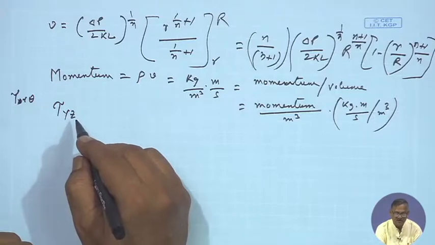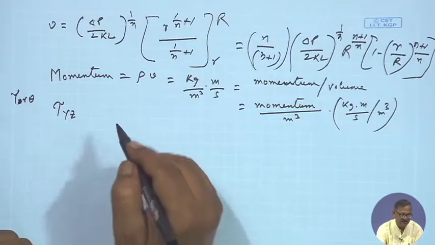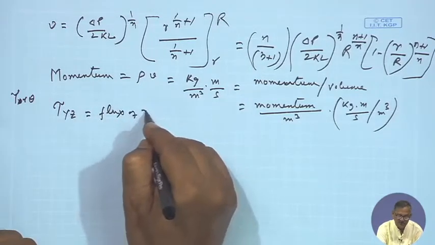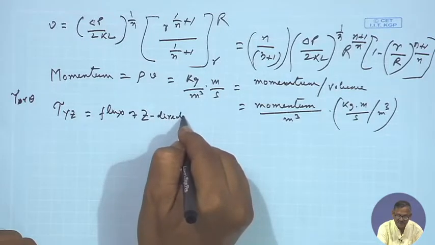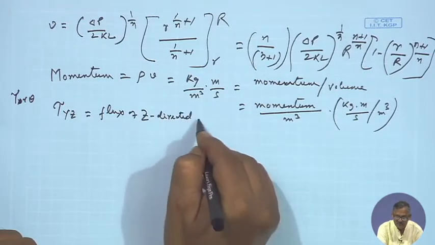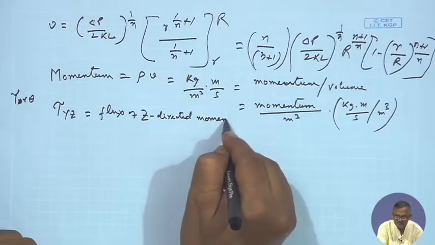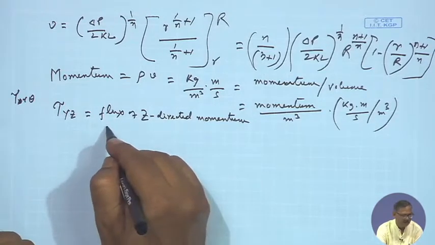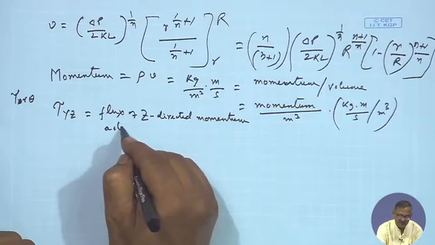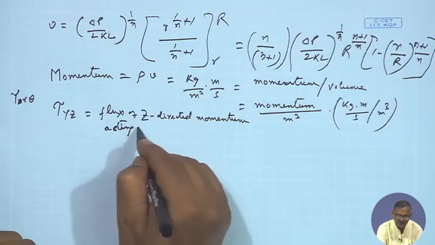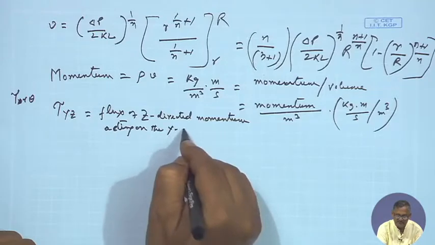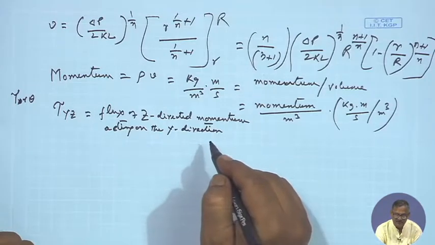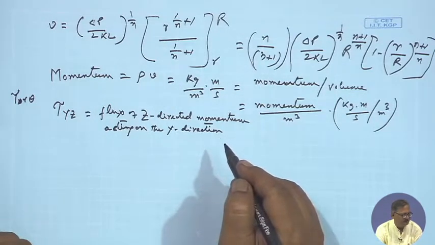Now, this tau yz we can interpret as the flux of z directed momentum acting on the y direction, right.